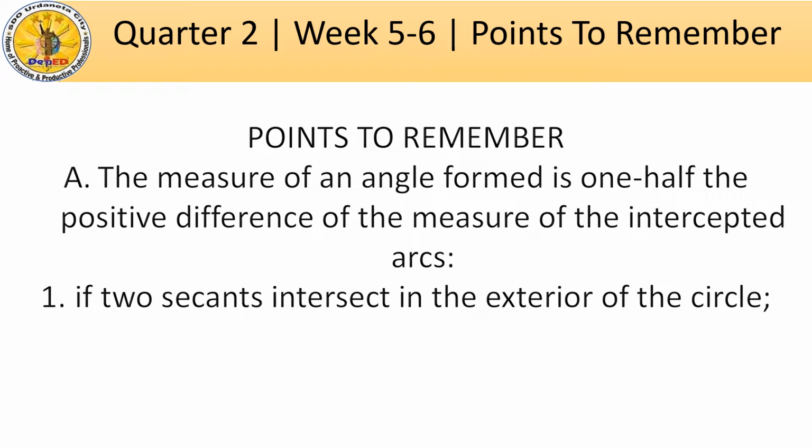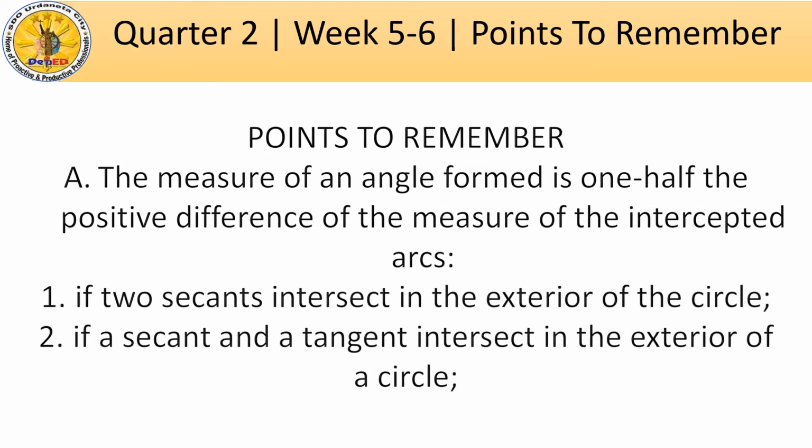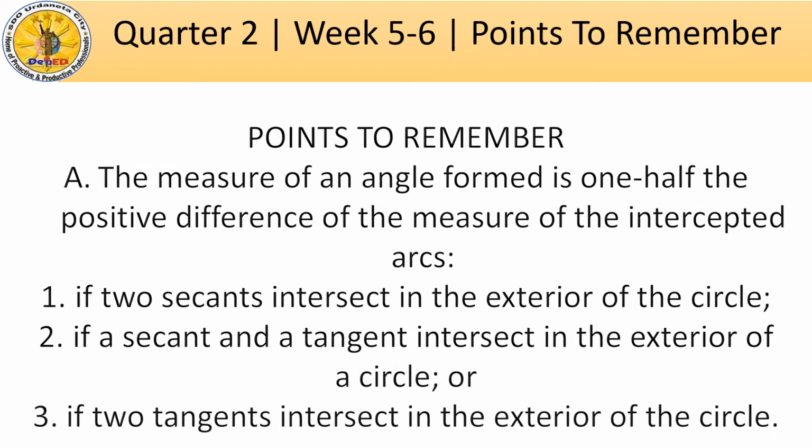If 1. two secants intersect in the exterior of the circle. 2. If a secant and tangent intersect in the exterior of a circle. And 3. If two tangents intersect in the exterior of the circle.